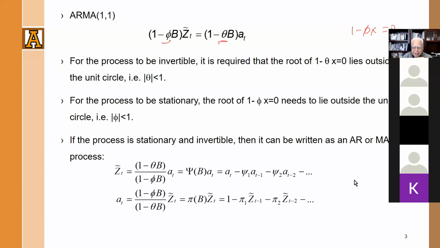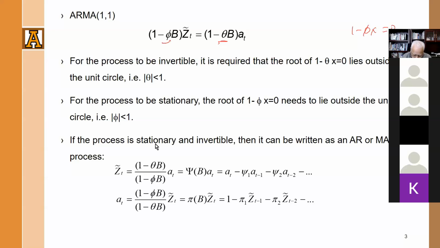If the process is stationary and invertible, then we can write it either as an AR process, because we saw already that if a process is stationary, it has a representation as an autoregressive process.